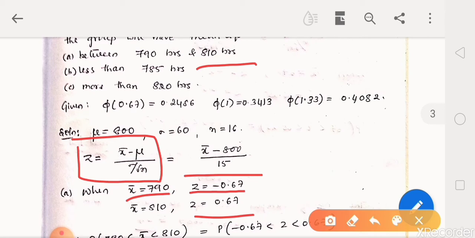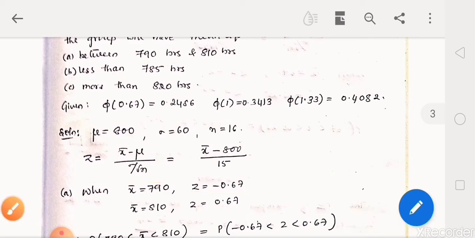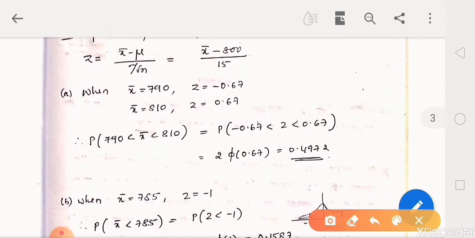So we want probability when x bar is in between 790 and 810. So probability where 790 less than x bar less than 810 is same as probability when z is in between minus 0.67 and plus 0.67.